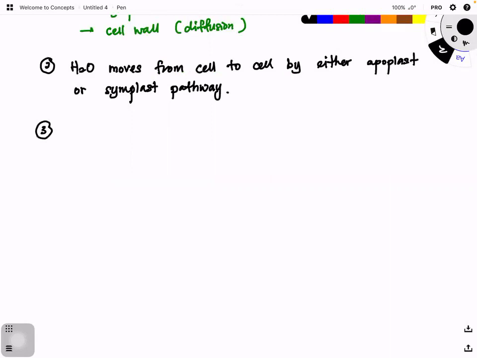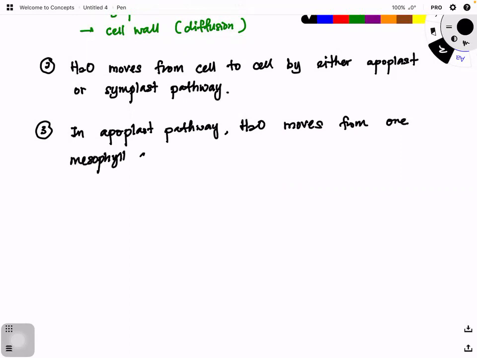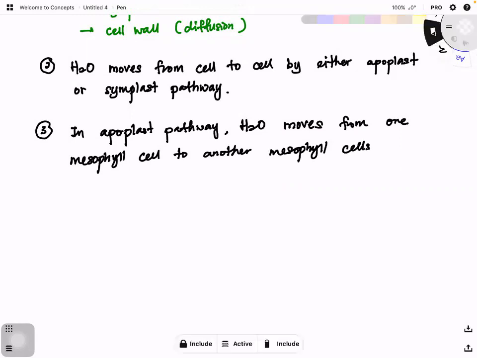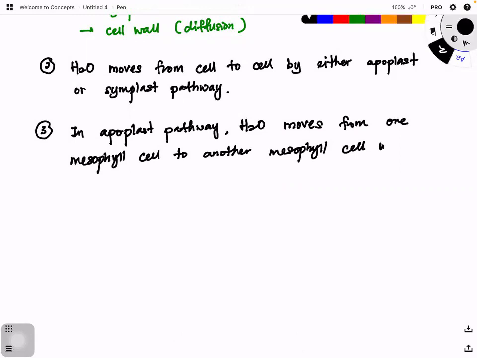Next, we explain. So in apoplast pathway, water molecules move from one mesophyll cell to another mesophyll cell, or you just say from cell to cells, within the cell wall.